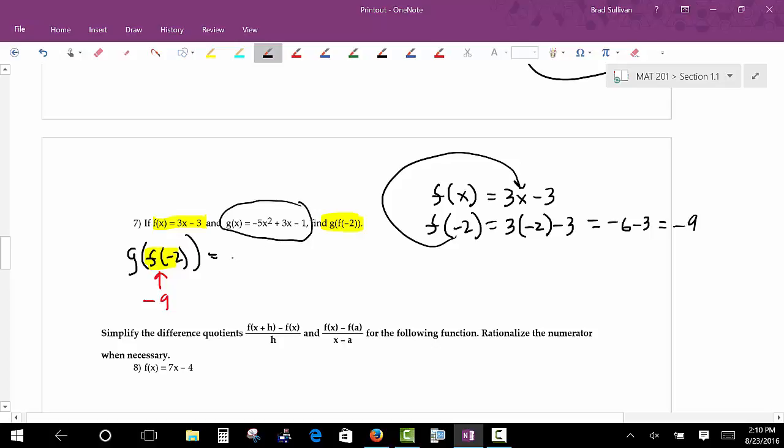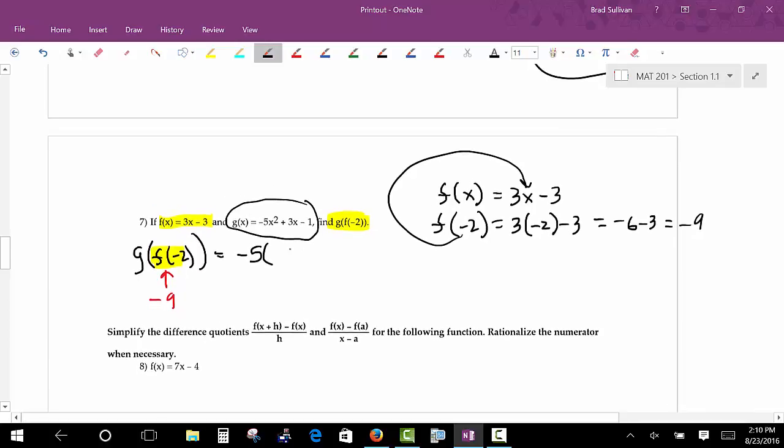Just write it down, but leave parentheses where your x's go. So you're going to have negative 5 times something squared plus 3 times something minus 1. And then what do you plug into those parentheses? Negative 9, the result. And then you work that out. So you're going right to left.